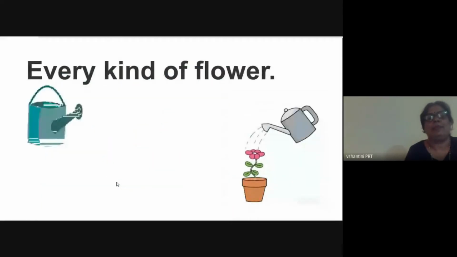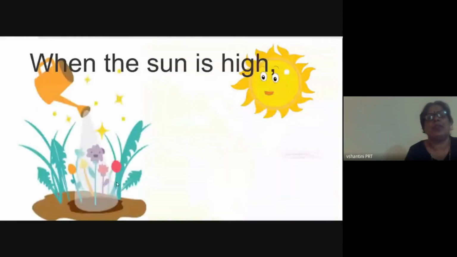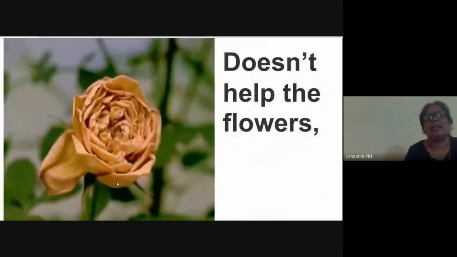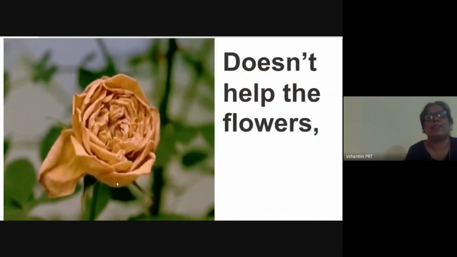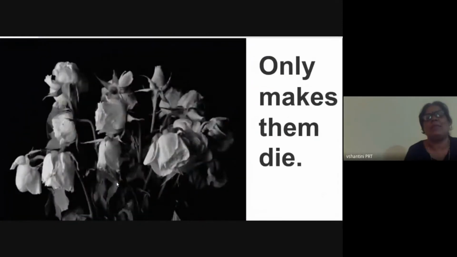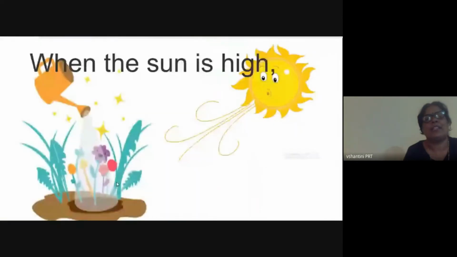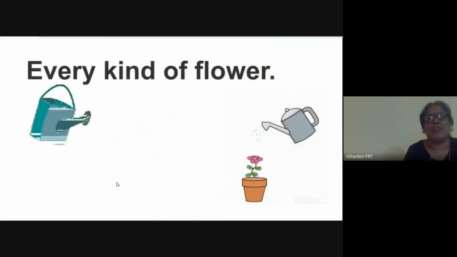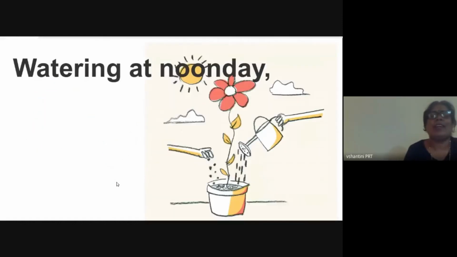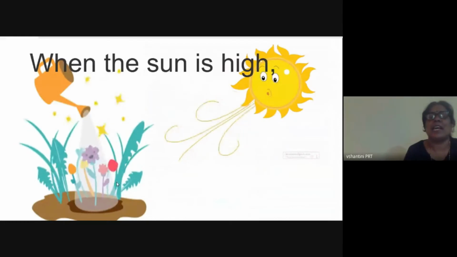Every kind of flower, watering at noonday when the sun is high. See what happens when the sun is high, it doesn't help the flower to be fresh. It only makes them die. I repeat, my dear, every kind of flower, let it be any kind of flower or plant, watering at noonday, noon is 12 o'clock, when the sun is high, because it will be too hot, right?